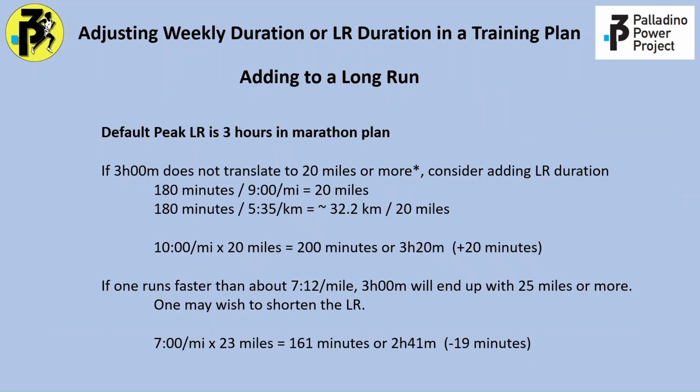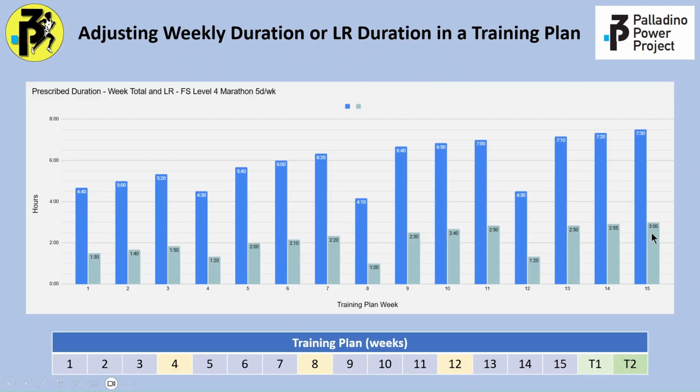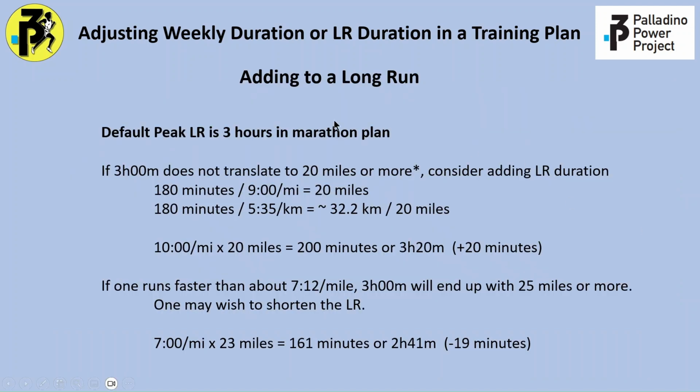So let's talk about adding to a long run. All right. And the key is, let's look at the end long run. That's where you start in this. You look at the end long run, and the default peak long run for marathon plans is 3 hours.